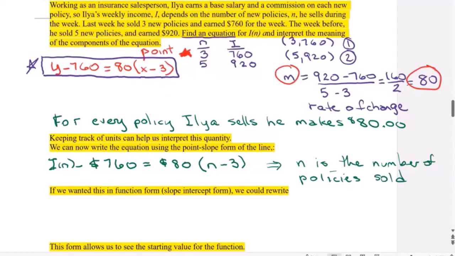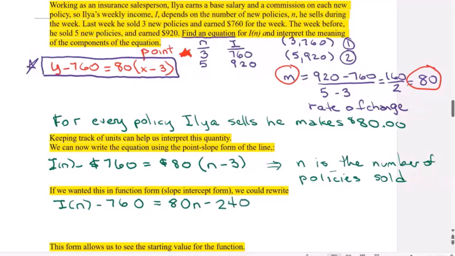Okay. If we wanted this equation, this function in the slope-intercept form, we can rewrite it. So I can say I of n minus 760. I'm going to leave off the units for a minute. I'm going to distribute that 80. I get 80n minus 80 times 3 is 240.